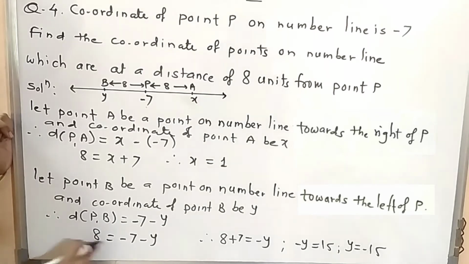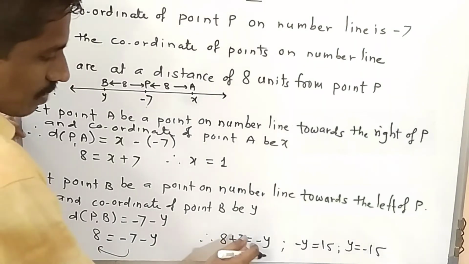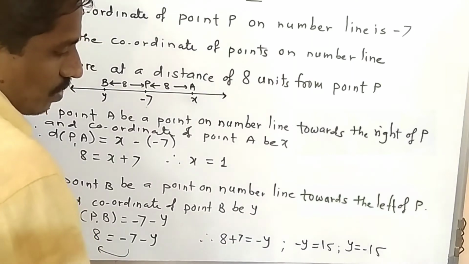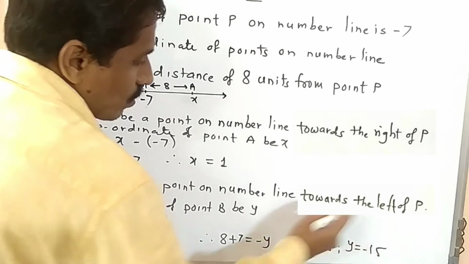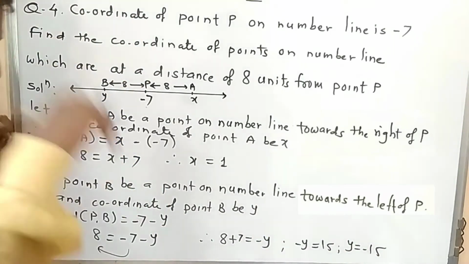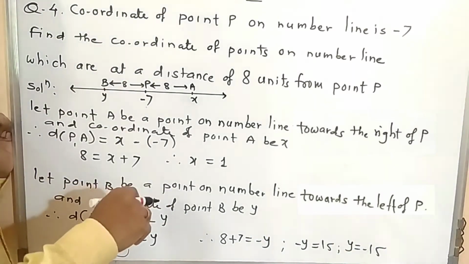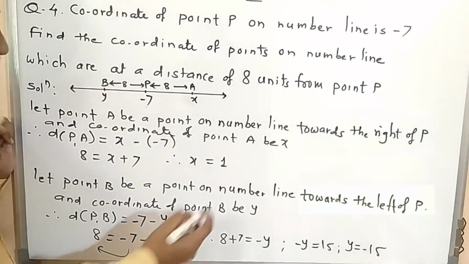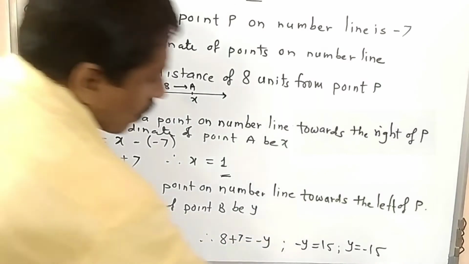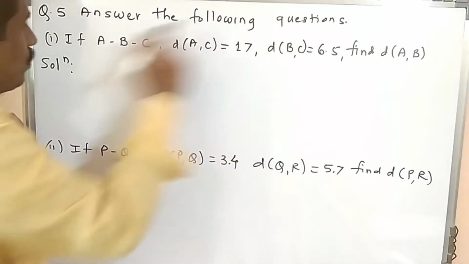So 8 is equal to -7 minus y. This -7, if I transfer to the left hand side, it will become 8 plus 7 is equal to -y. So I will get -y is equal to 15. y is equal to -15. So the coordinates of points which are at a distance of 8 units from point P are either 1 or -15.